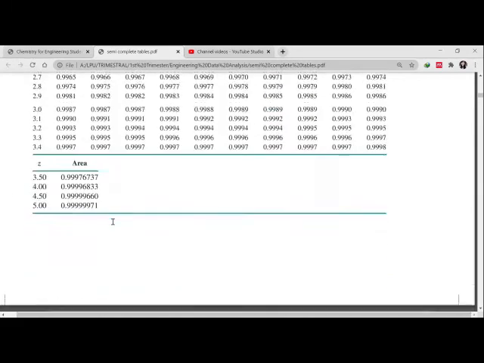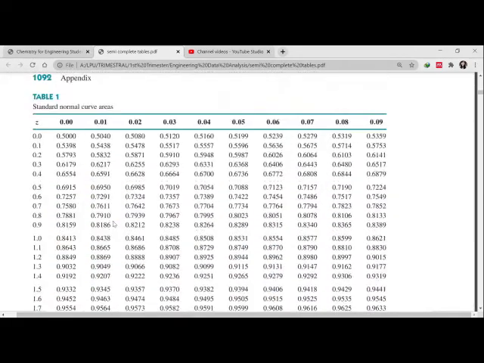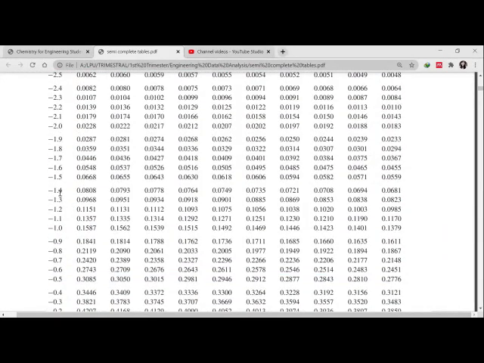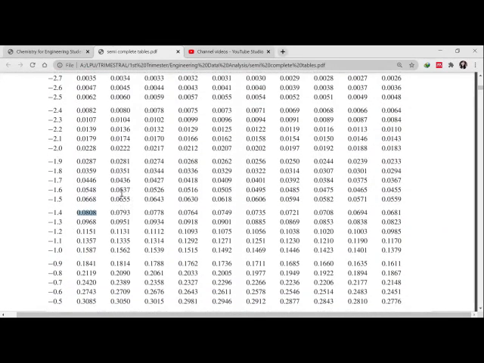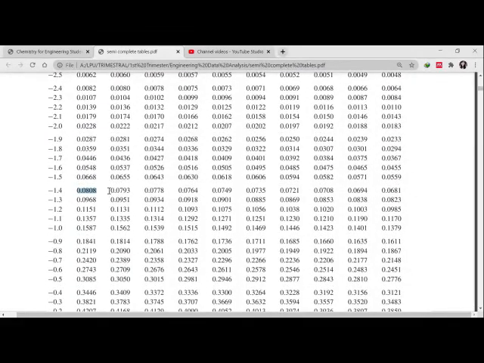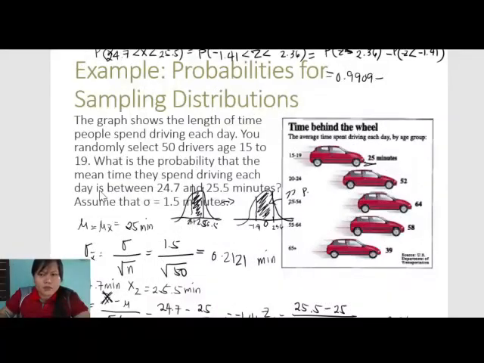Negative 1.41, negative 1.4, 1. Ito. So, ito, 0.0793. Okay, so, i-minus natin. 0.9116.